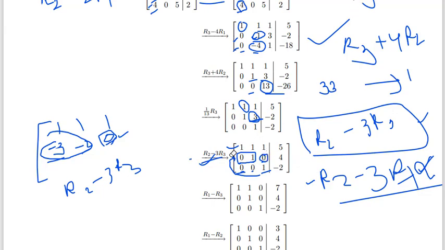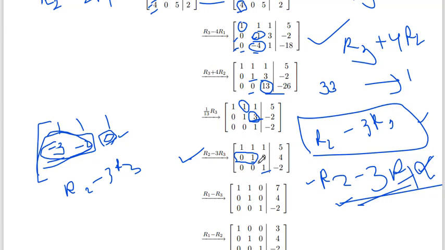So you get the idea why I will not use R2 minus 3R1. If we apply R2 minus 3R1, then we change these two elements also, because row operation applies to the whole row, not only one portion or one element.